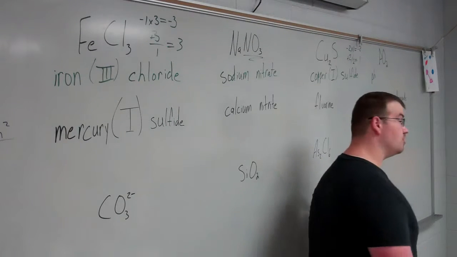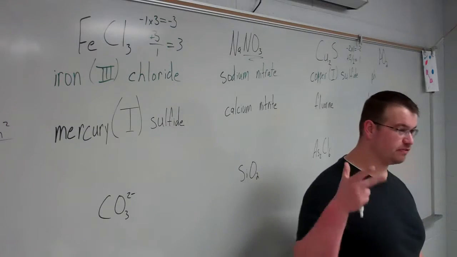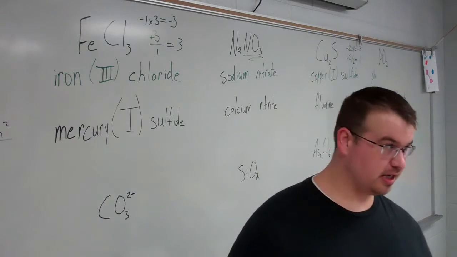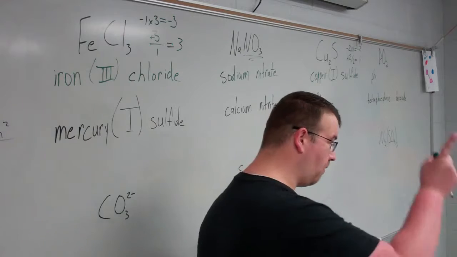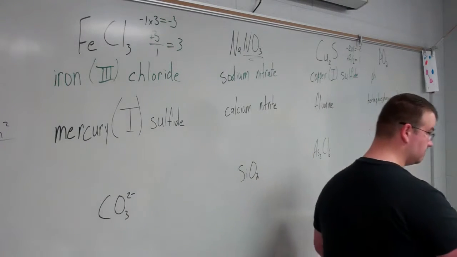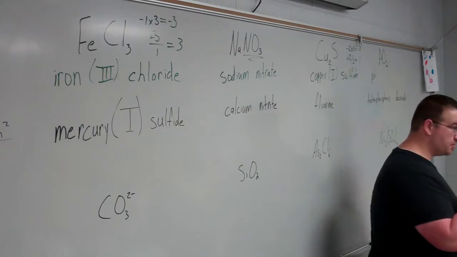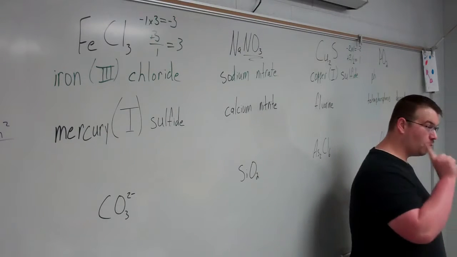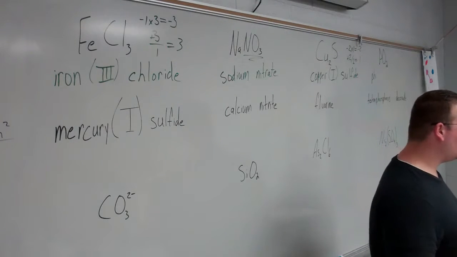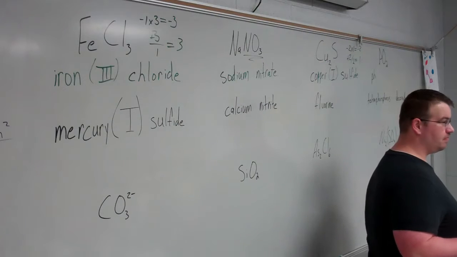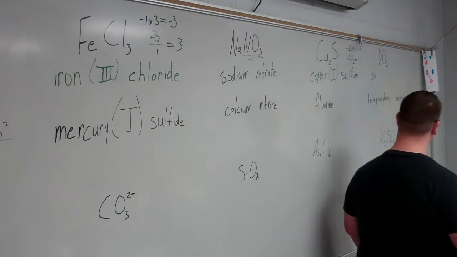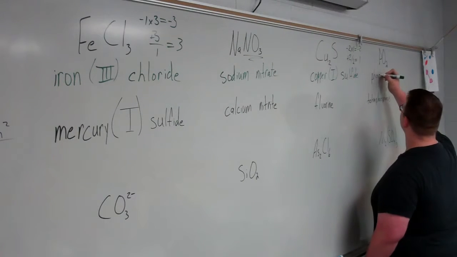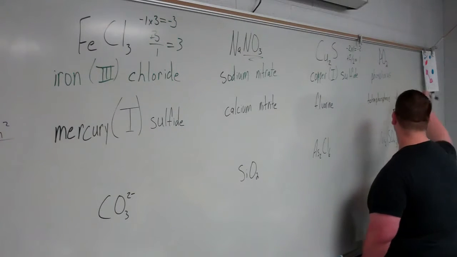Okay. You always put a prefix for the first one, except when there's only one. So in this case, there's only one phosphorus, so we don't put mono with it. We just name it. This is the one I meant to ask you about earlier, and then I got mixed up.